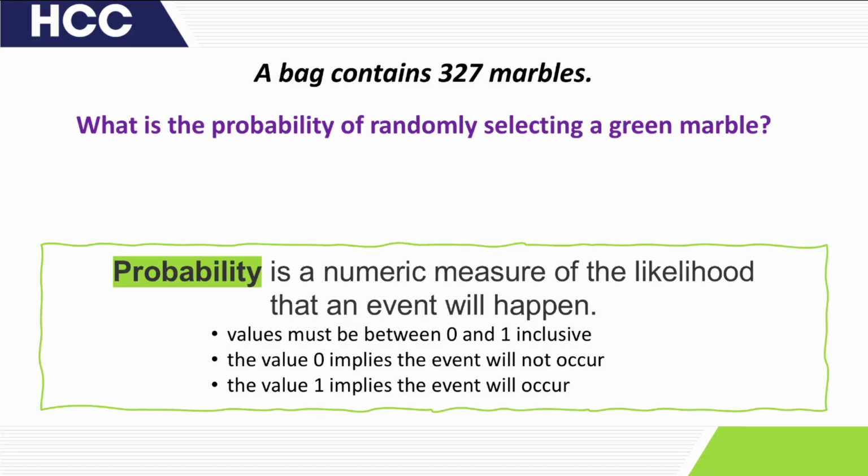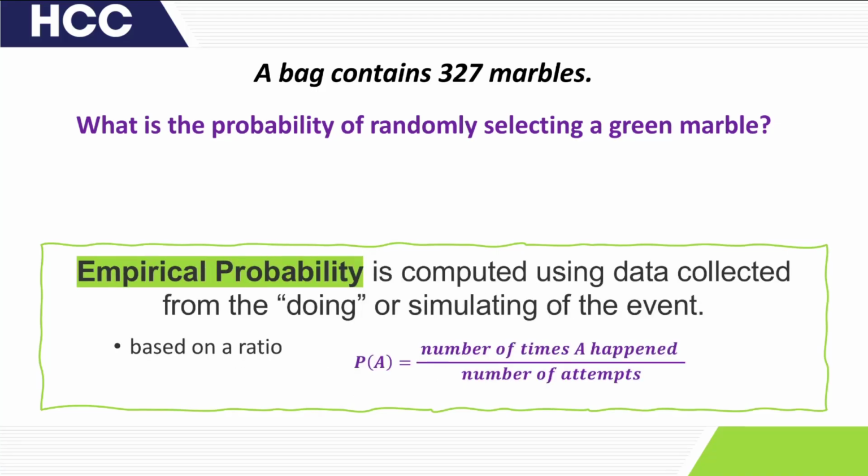So how do we actually get a number for this, especially since you can't see the bag because it's in front of me and you can't see me? Well, one way to do this is very statistical in nature. We don't know something, we go out and collect data. So in probability language, we call this empirical probability.